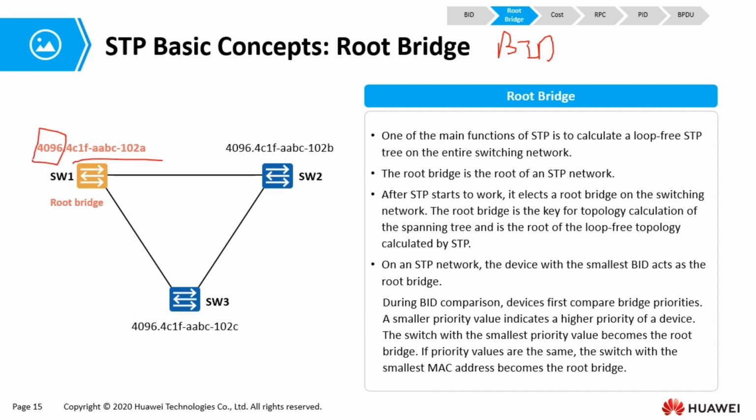In the same example, switch 1 will be selected as the root bridge, with the smallest MAC address. Basically the root bridge functions as the root of the tree network. We call it logical; it is not necessarily the physical center. It will be logical.